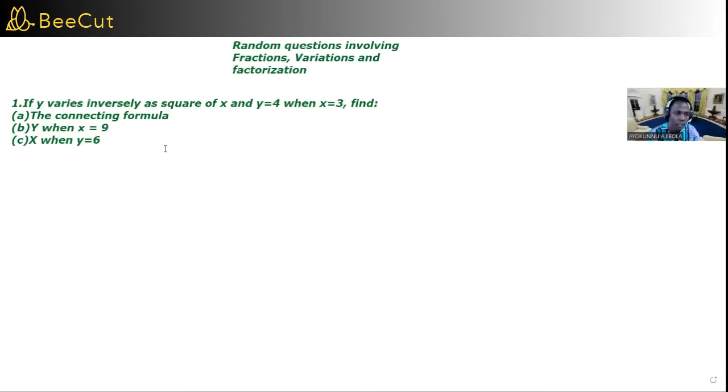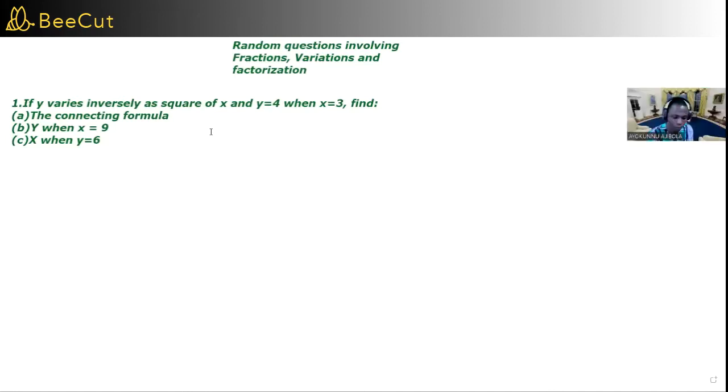So you are finding 3 things. Number 1, you are finding the connecting formula between x and y. Number 2, you are finding y when x is 9. And number 3, you are finding x when y is 6. Is that taken?